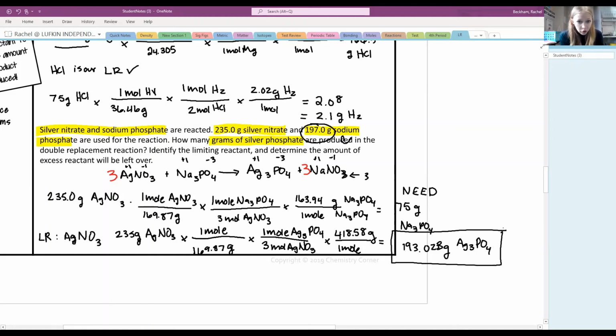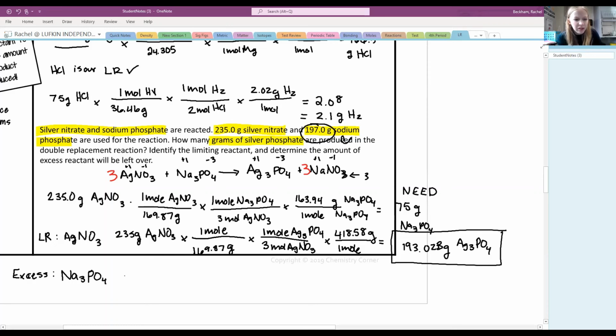The next part says determine the amount of excess reactant left over. Okay, so this is going to be a little bit easier because we already have it. So I want you to think about which one was our excess reactant. Okay, the sodium phosphate, and whenever I'm answering these problems, it helps me to write things out, like our excess reactant. That was the sodium phosphate, right? We had plenty left over.